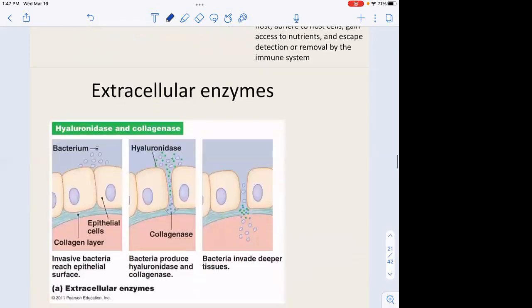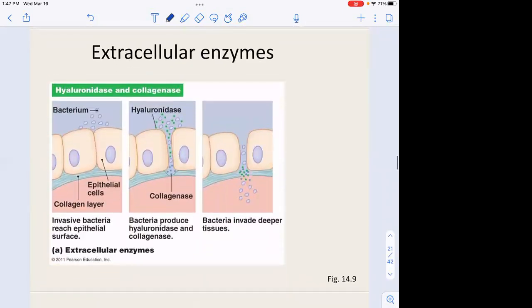All right, so let's look at some examples of extracellular enzymes. Here are a couple of enzymes that are secreted outside of certain bacterial cells that target the epithelial cells of our body. We have epithelial cells that separate the inside from the outside of our body. And those epithelial cells are stuck together by a glue that we call hyaluronic acid.